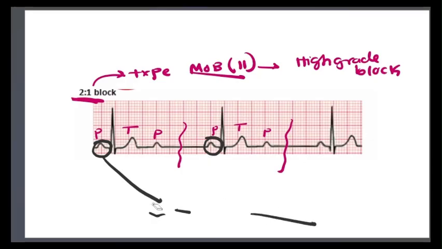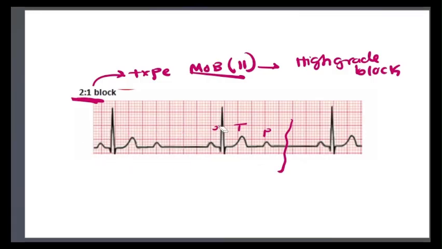But unfortunately, we do not have other waves to see whether there is any prolongation of this PR interval or not. Here you have a PR interval, but you don't have any idea of the PR interval here. In fact, we need to compare each consecutive PR interval to come to a conclusion that there is prolongation of PR interval or there is a fixed PR interval, but we don't have any of those details here.